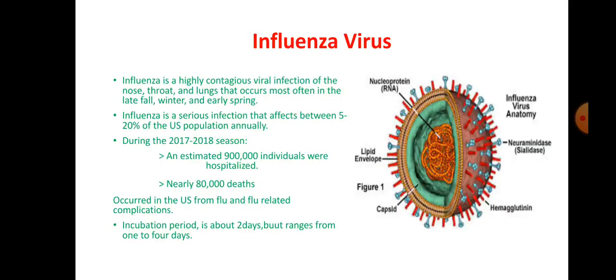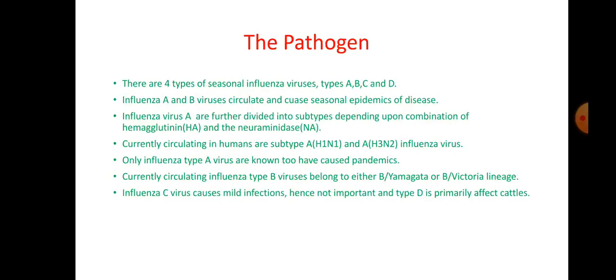though it's related to microbiology. There are 4 types of seasonal influenza viruses, all 4 types: A, B, C and D. Influenza A and B viruses circulate and cause seasonal epidemics of this disease.